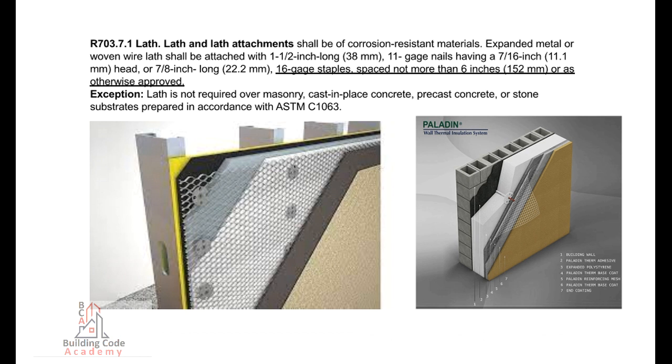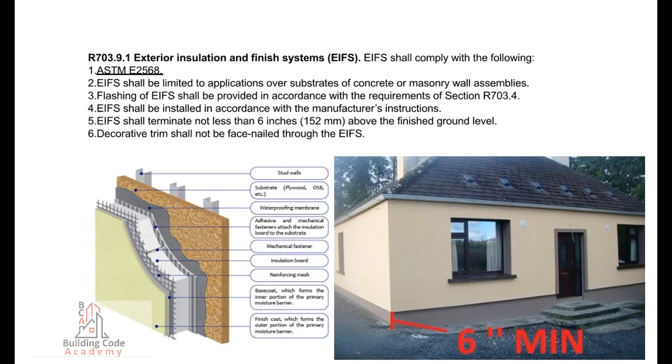Expanded metal or woven wire lath shall be attached with 1.5-inch long, 38 mm, 11 gauge nails having a 7/16 inch, 11.1 mm head, or 7/8 inch long, 22.2 mm, 16 gauge staples, spaced not more than 6 inches, 152 mm, or as otherwise approved. Exception: lath is not required over masonry, cast-in-place concrete, precast concrete, or stone substrates in accordance with ASTM 1063.